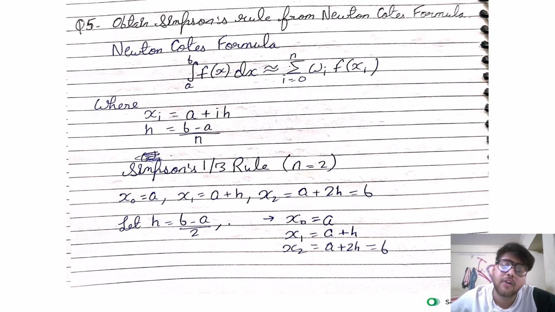So in Simpson's 1 by 3 rule, the value of n is 2 and we have three points. So x0 is equal to a, x1 is equal to a plus h, x2 is equal to a plus 2h, also equal to b, and the value of h we will get is (b minus a) upon 2, and then we will get the values of x0, x1 and x2.